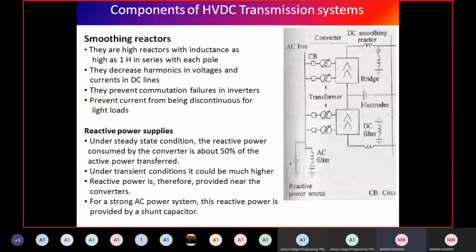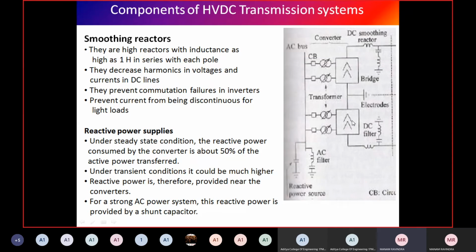Reactive power supplies: under transient conditions, it could be much higher. The reactive power consumed by the converter is about 50% of the active power transferred. Whether in rectification or inversion, AC to DC conversion or DC to AC conversion, the reactive power consumed is high, about 50% of the active power transfer.